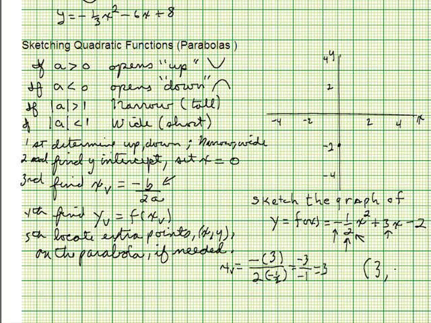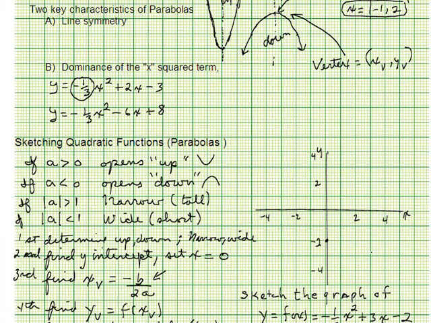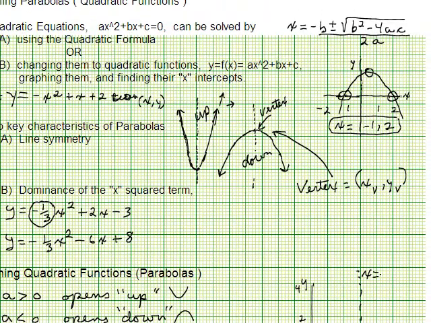Now what does that tell us? Well, remember that the line of symmetry goes through the vertex. So that's telling me the line of symmetry for my graph is right here at x equals 3. This is the line x equals 3. So my vertex is going to be somewhere on that line. But where on that line is it going to be? Well, that's the y of the vertex.